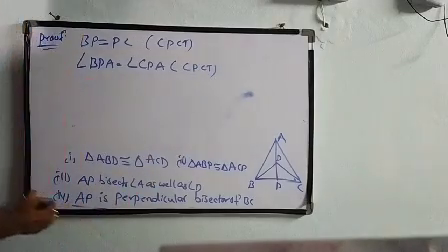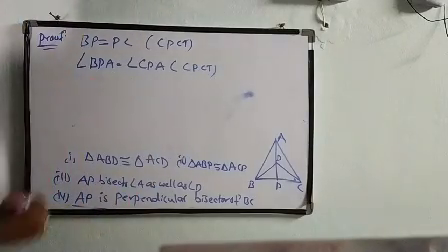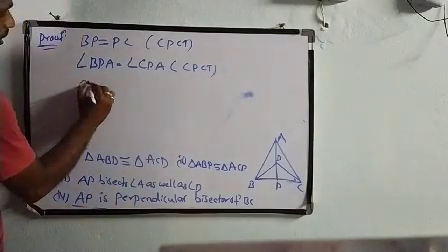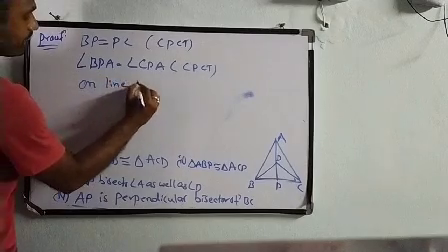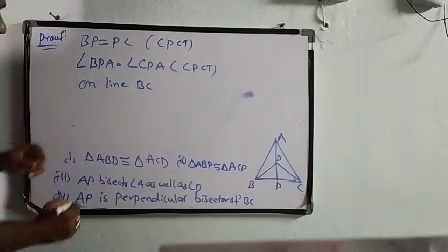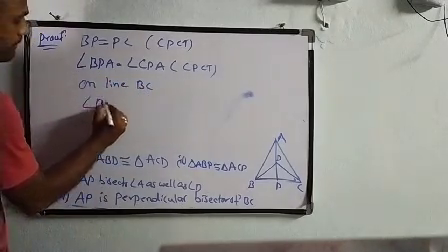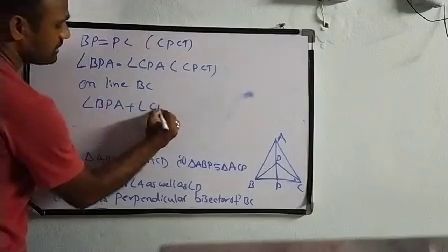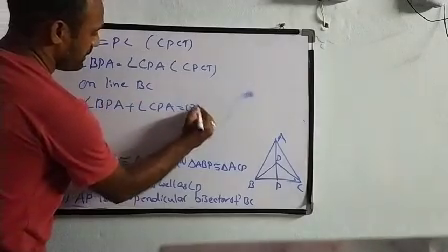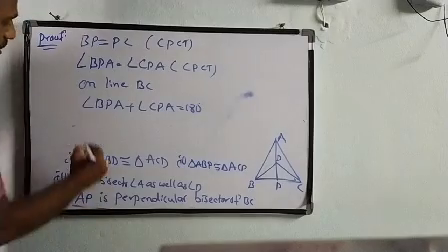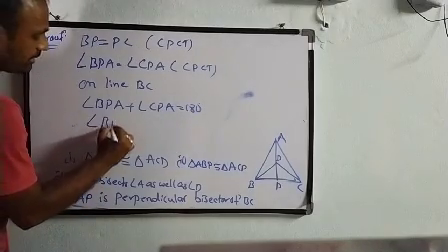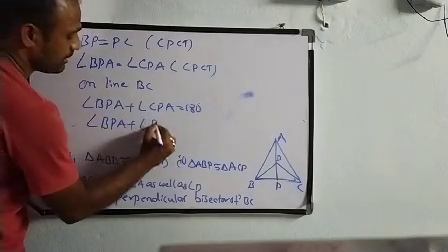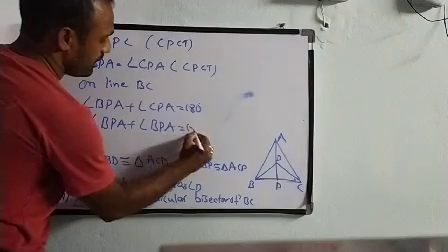On line BC, angle BPA plus angle CPA equals 180. Since these two angles are equal, angle BPA plus angle BPA equals 180.